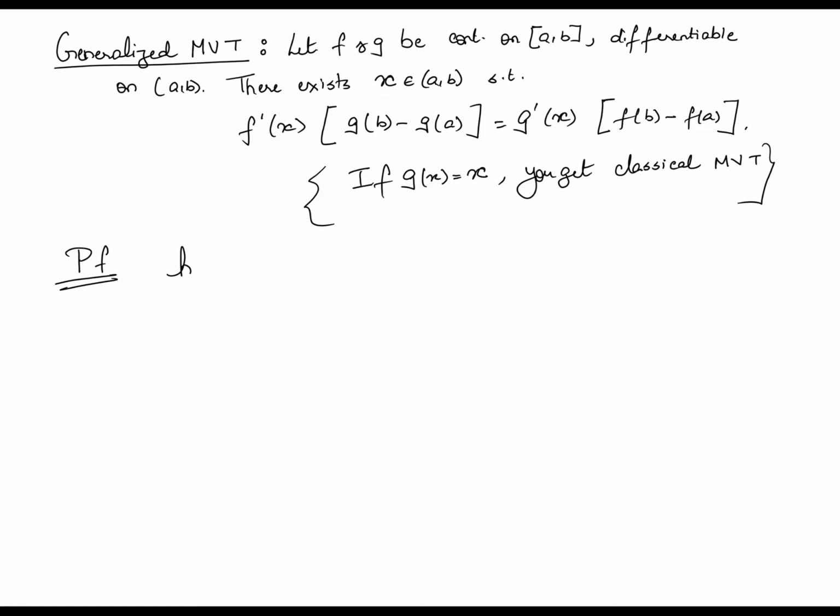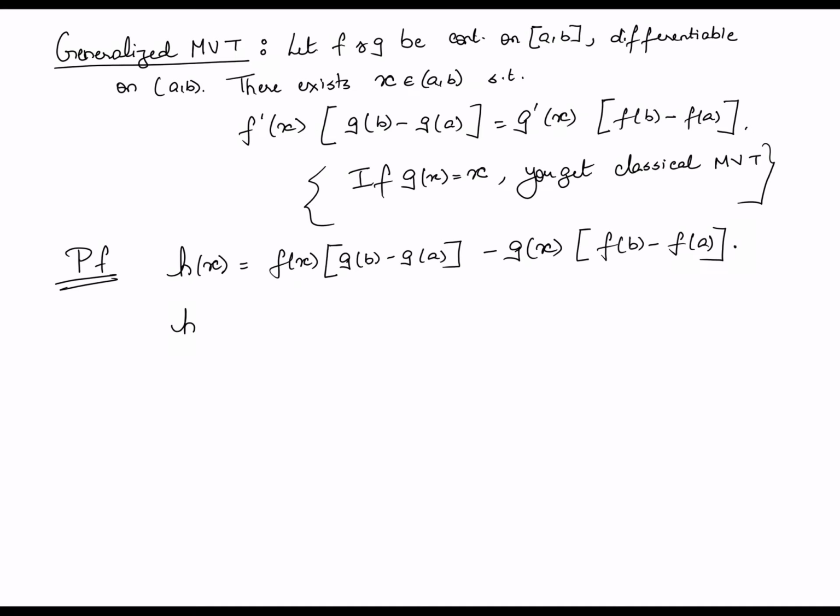So let me now define the new function h as follows. h of x is equal to f of x times g of b minus g of a, minus g of x times f of b minus f of a. Okay, so define this function h like this. You see that h of a, well, substitute x equals a in this.